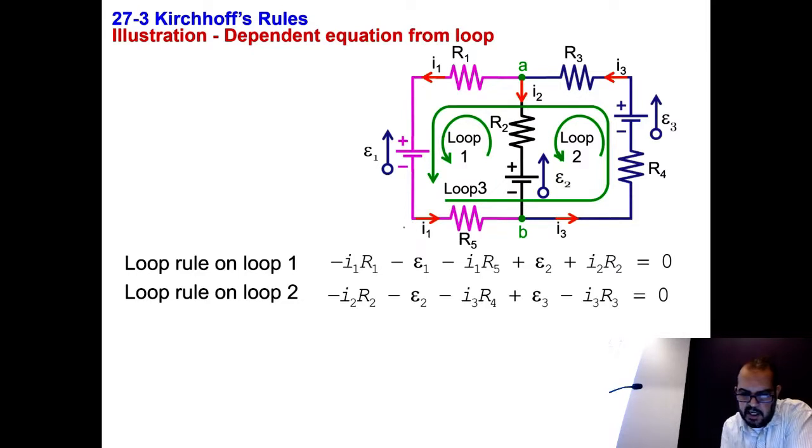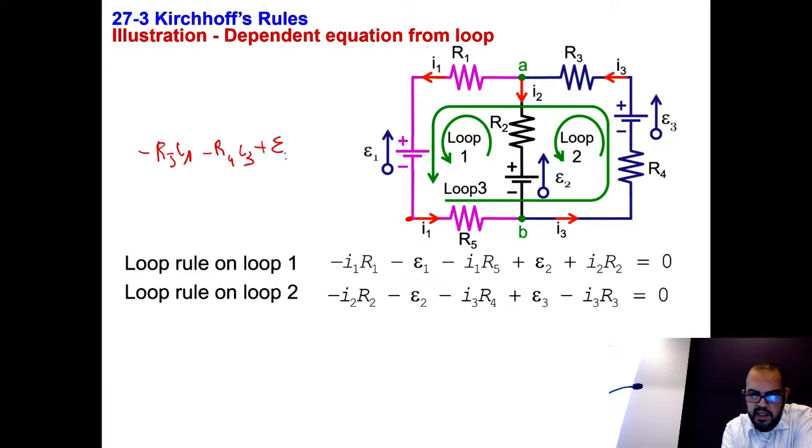So if you go through loop 3 and write the equation, let's start at this point here. We're going through resistor R5 in the same direction as the current, so it's minus R5 I1. Then you go through resistor R4 in the same direction as the current I3, so minus R4 I3. Then you go through this EMF through the negative terminal, so it's plus epsilon 3.